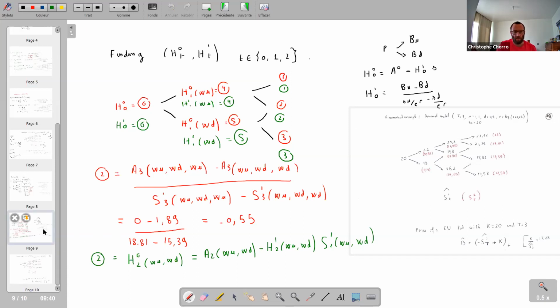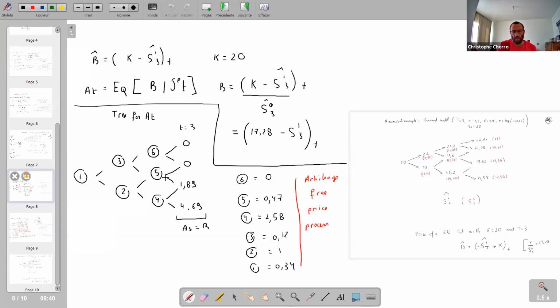I have this one here. Where is it? I have A2(WU, WD), that is given by 5 here. So it is 0.47.